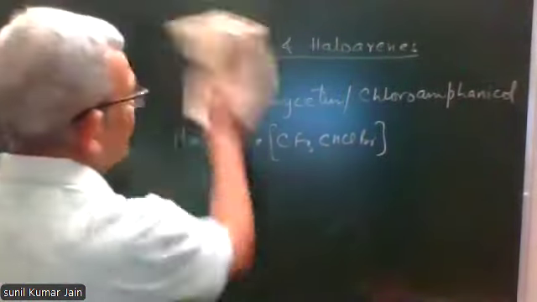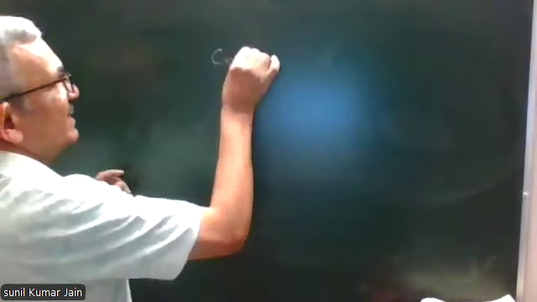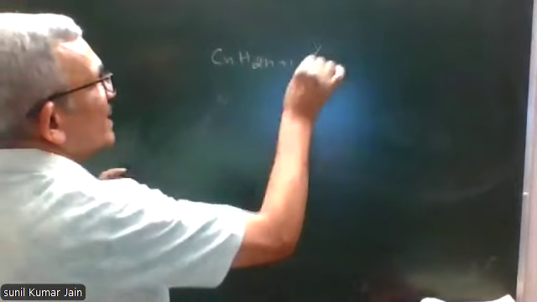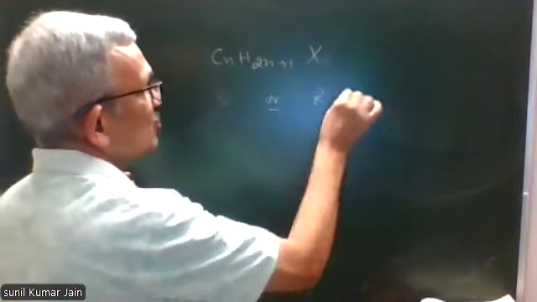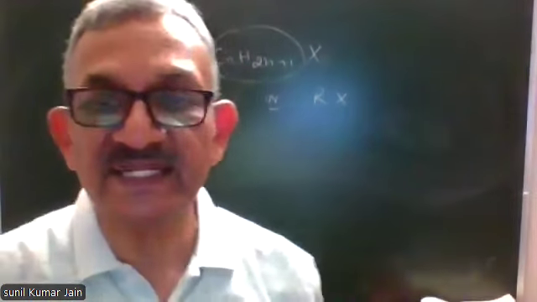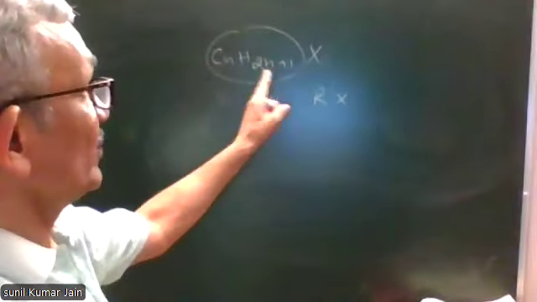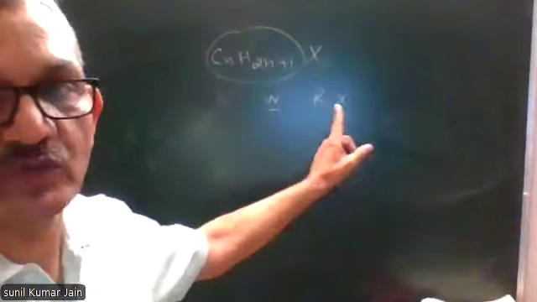Their general formula will be CnH2n+1X, or we also call it RX. This part in the circle is represented as R, that is alkyl group. So if n is 2, it will be C2H5Cl, C2H5Br, like this. They are further classified into primary, secondary, and tertiary alkyl halides depending on the carbon to which halogen is attached.